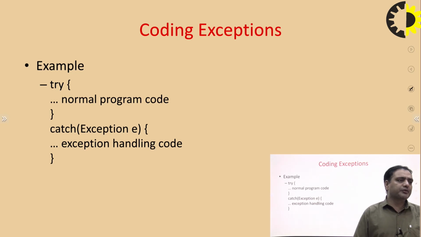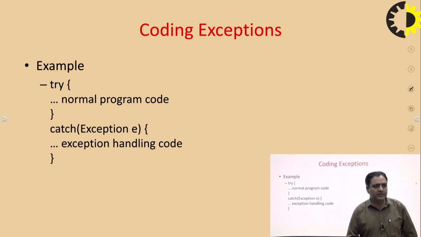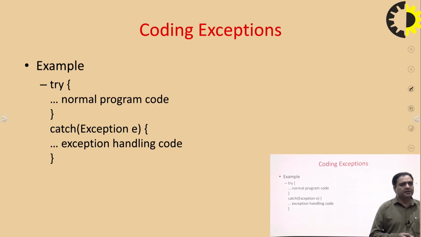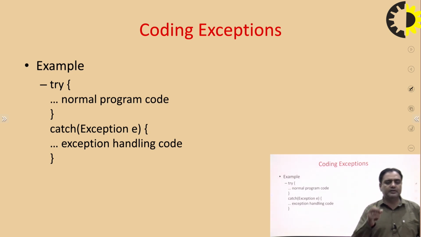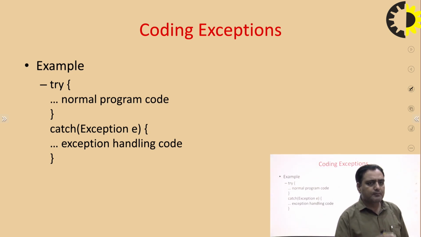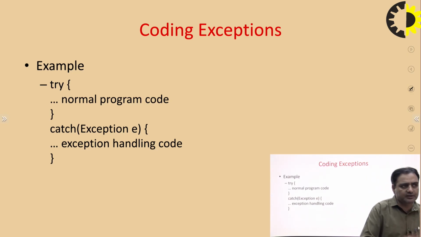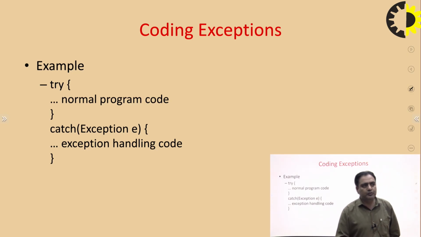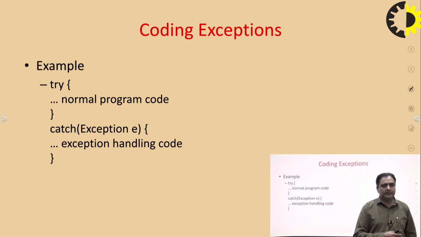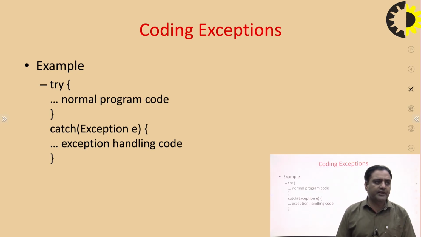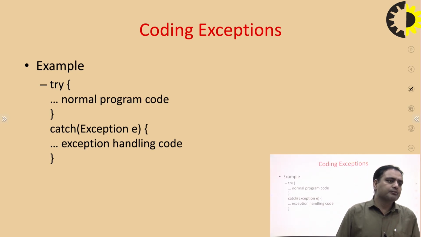In this example, this is the syntax of try catch. Here, in the try block, you put the normal program code, the set of instructions within the opening and closing curly braces of the try block.